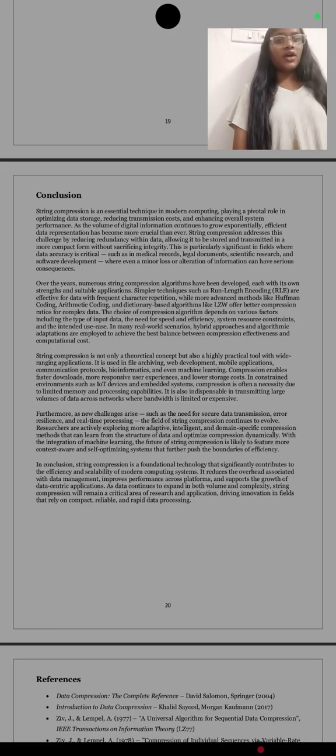It is used in file archiving, web development, mobile application communication protocols, bioinformatics, and even machine learning. Compression enables faster downloads, more responsive user experience, and lower storage costs in constrained environments such as IoT devices and embedded systems.